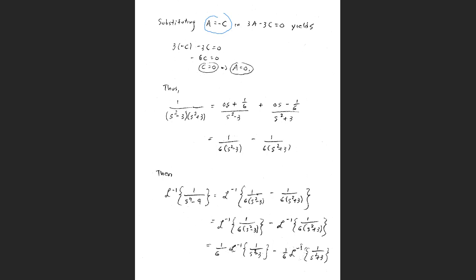So substitute that in the third equation, and you'll determine that 3 times negative C minus 3C equals 0. You'll get C equals 0, and therefore A equals 0.